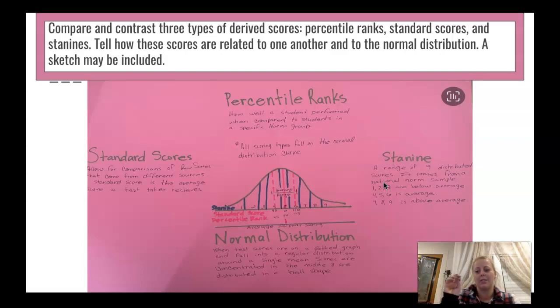So where the norms come from is one of the things that makes them different from each other. And then the normal distribution is, the lower scores are on one tail, and then the averages are in the center on the hump of the bell, and then the high scores are over on the other side.